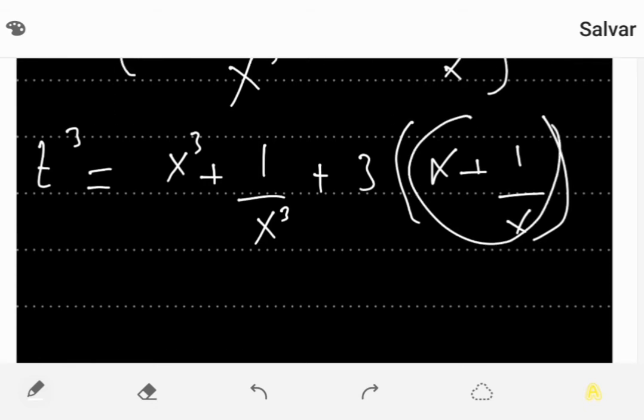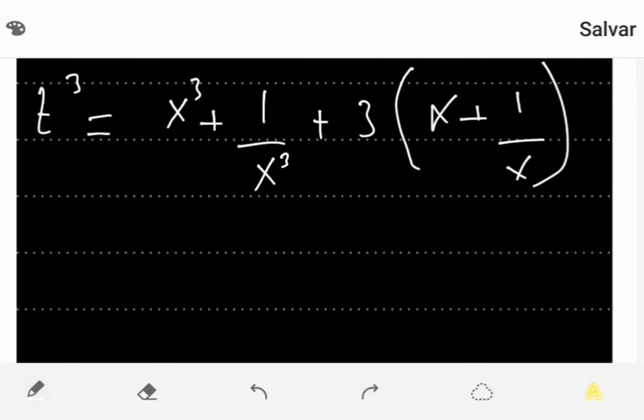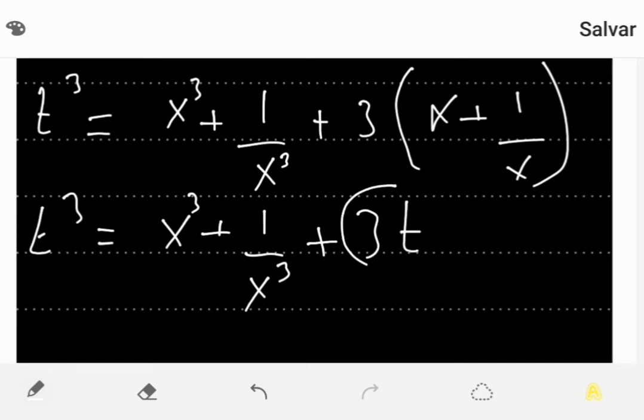Why did I do this? Because this is t. So t cubed is equal to x cubed plus 1 divided by x cubed plus 3t. This is a t over here.